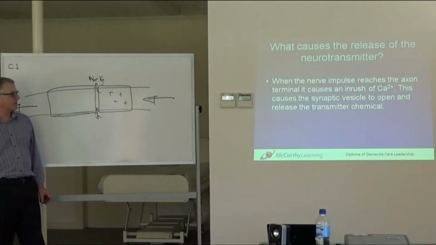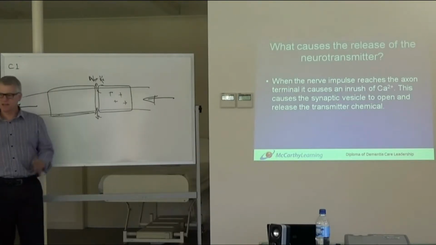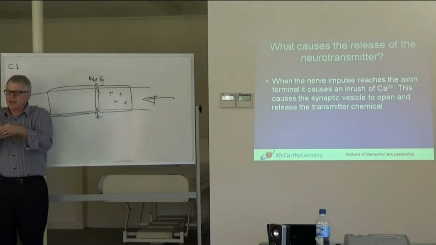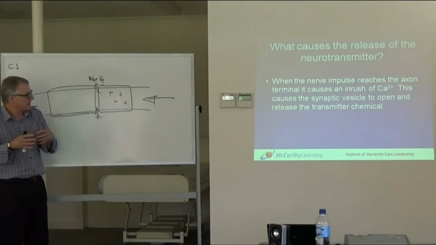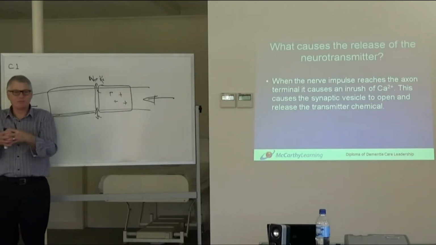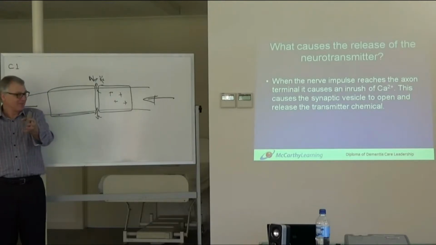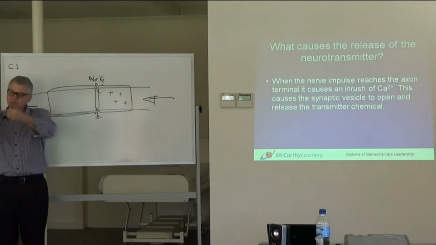This causes the synaptic vesicle to open and release the transmitter chemical. So it needs the stimulus of this electrical impulse to allow the terminal button to open up, which enables the calcium to rush in, and that releases the chemical out.